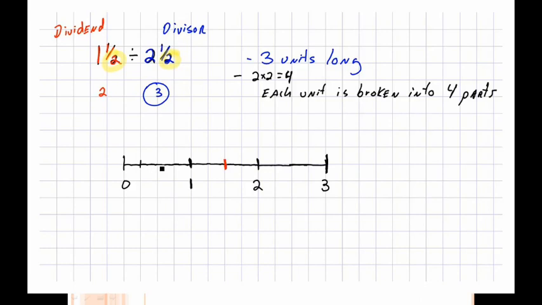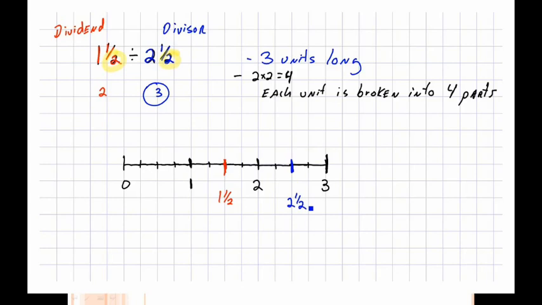Notice that each unit is broken into 4 parts. And here is my dividend, 1 1/2. Where's my divisor? My divisor is 2 1/2. So here's 2, and then I come over a half, so there's 2 1/2.